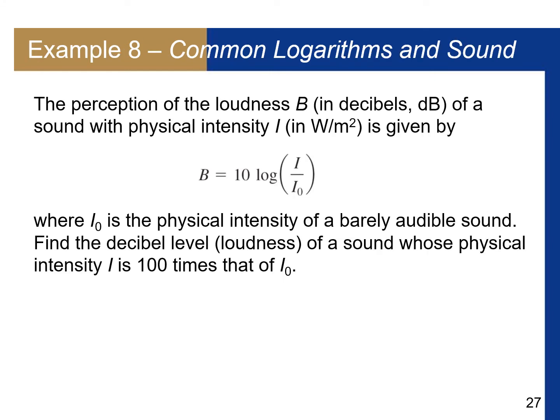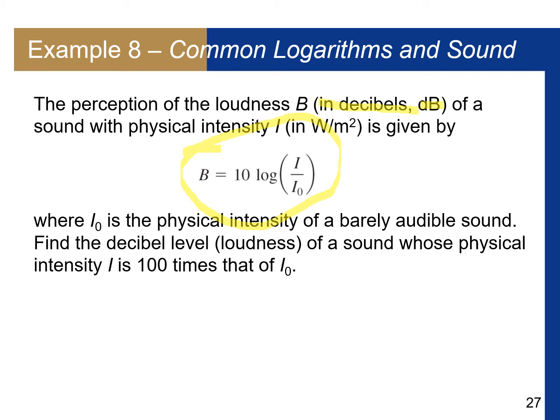So the perception of the loudness, which is B, which is decibels, of a sound of physical intensity I would be given by this formula, where I sub 0 is the physical intensity of barely audible sound.